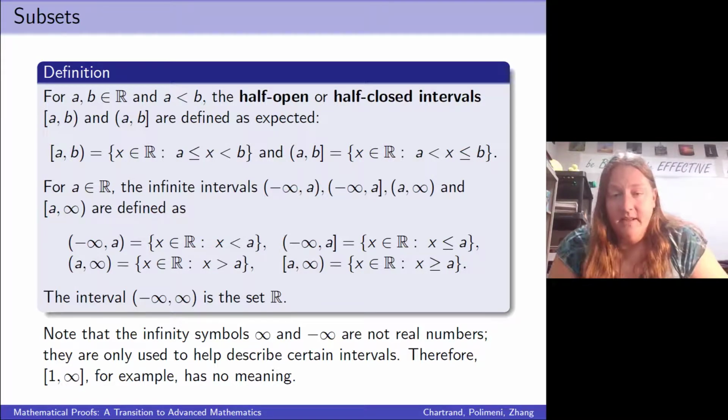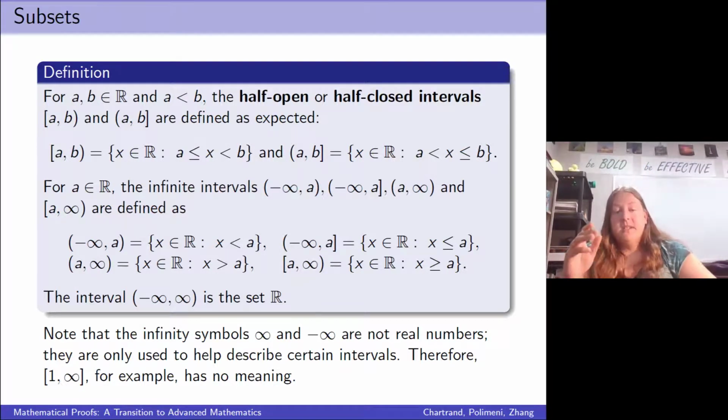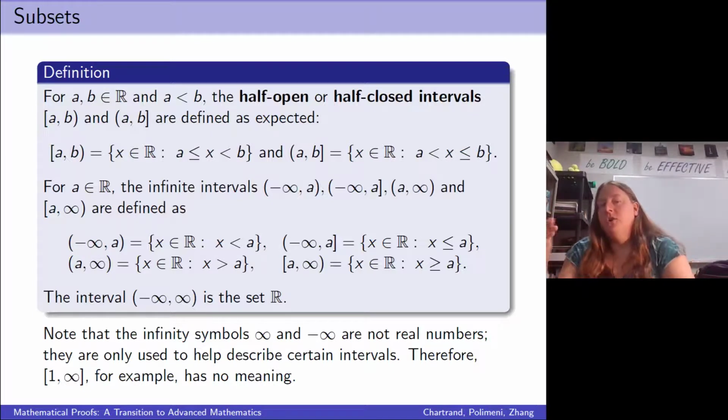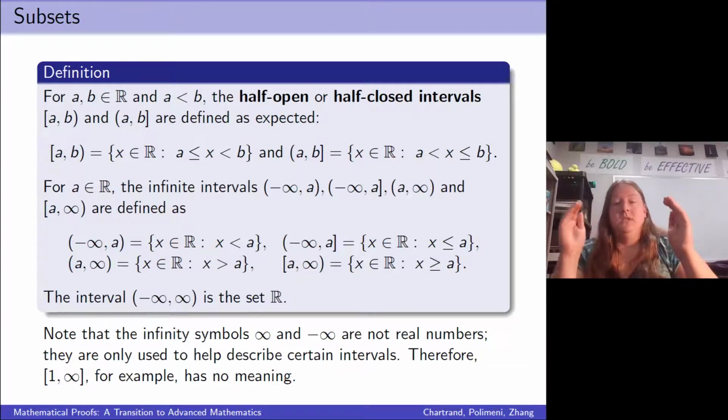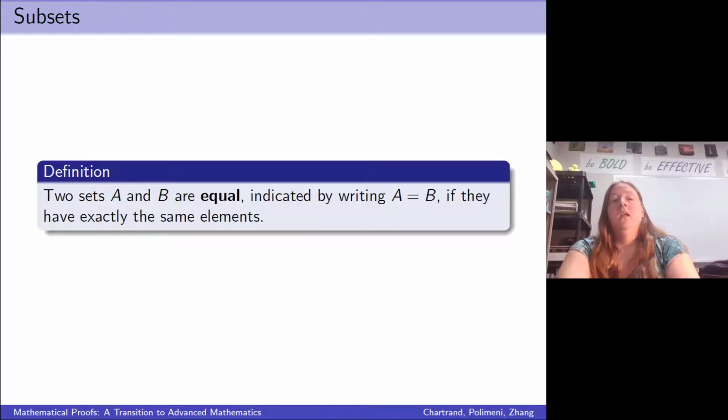And notice that every time we ever use infinity anywhere, we use open, because infinity is not a number. So saying you're going to include infinity is just nonsensical. So we always use parentheses around infinity because we can't actually loop it in, right?